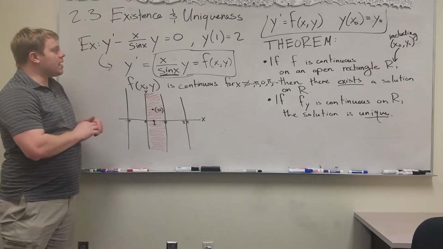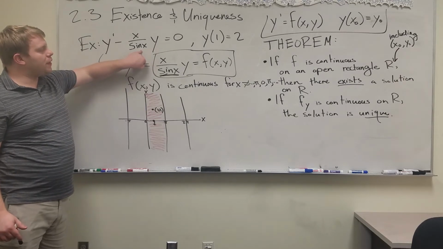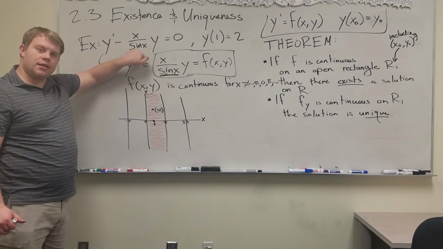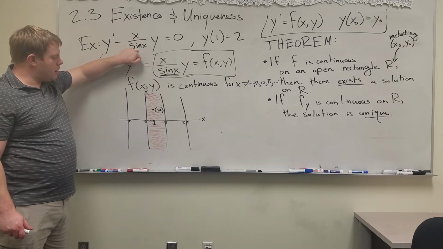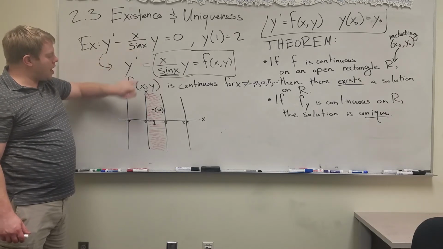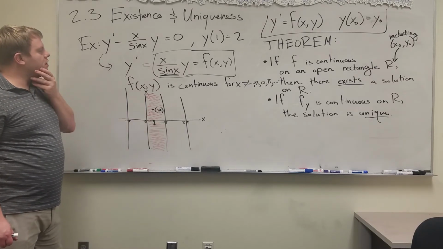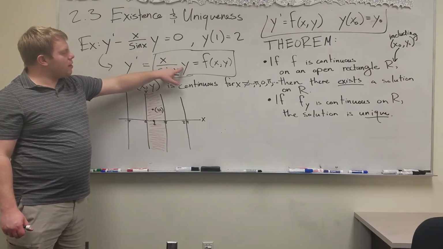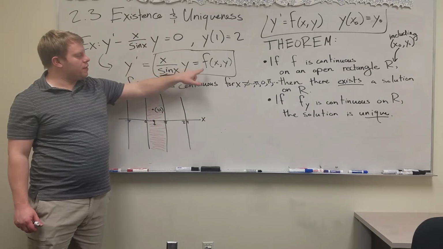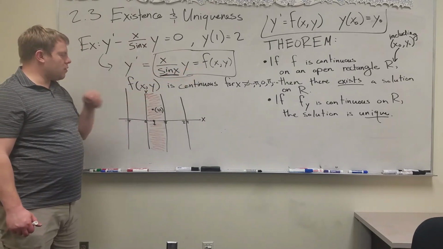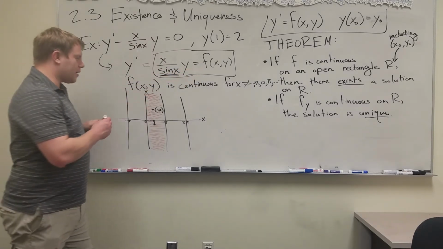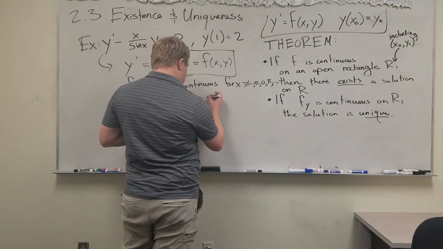So I can take this initial value problem and guarantee that there exists a solution from x, as long as x is between 0 and pi. Notice that since no value of y can affect the continuity of f, I really don't need to word this as an open rectangle.